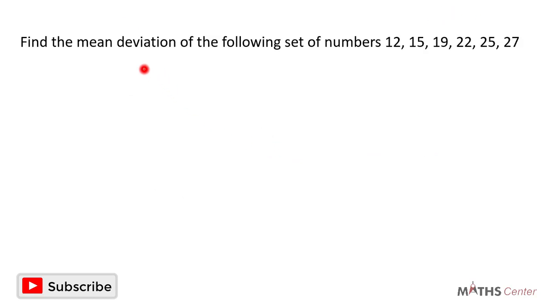This is the first question. Find the mean deviation of the following set of numbers: 12, 15, 19, 22, 25, and 27. The mean deviation is given by the formula sigma, the absolute value of x minus the mean of x divided by n.